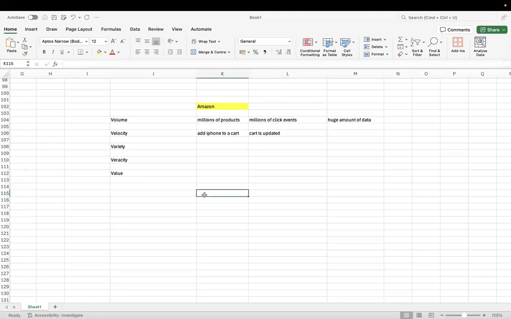In reality, in the backend, the iPhone is sitting in something called a product table. Cart is something else. It's a different table, a different database altogether. Even though they are different databases, when you add a product from one database to a cart, the speed at which the iPhone is getting added to the cart is real time.